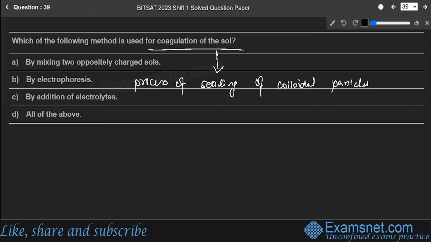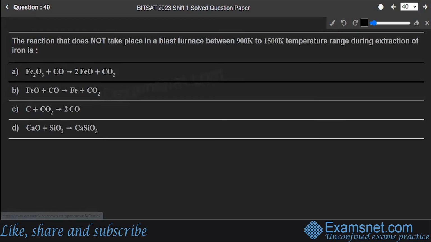The methods of coagulation of sol are mixing oppositely charged sols, electrophoresis, addition of electrolytes. All of these are correct. That makes the last option the correct answer. Hope you got that. Next is question number 40.